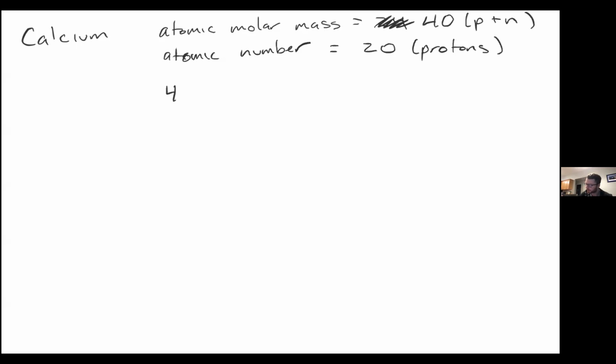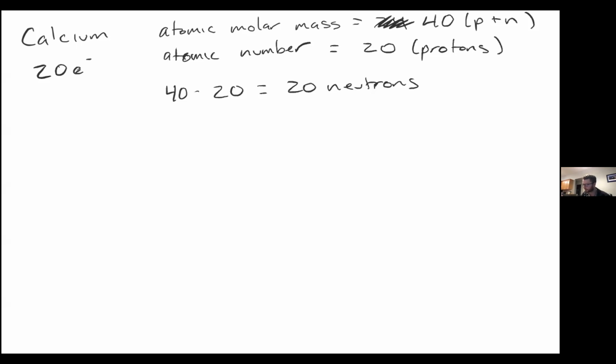If I do 40 minus 20, it will tell us the amount of neutrons we have. When it's just the calcium element, not the ion, the amount of protons will equal the amount of electrons. So for calcium, we will have 20 electrons as well.